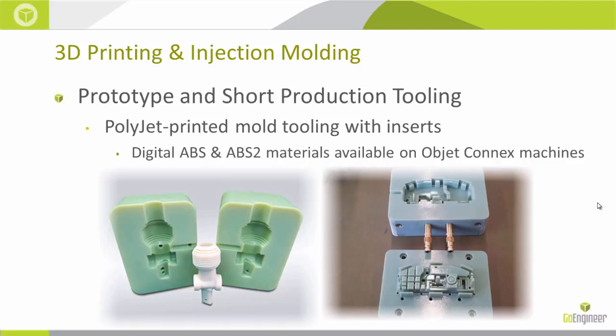So you can see over on the right hand side we have a print that has some bushings inserted. We have on the core, which is on the bottom of the image, lots of holes in the part. Those are for the injection pins. That's for the ejection system. So these are actually going to be printed. They're going to be loaded up into the machine, and we're going to be injection molding into these.